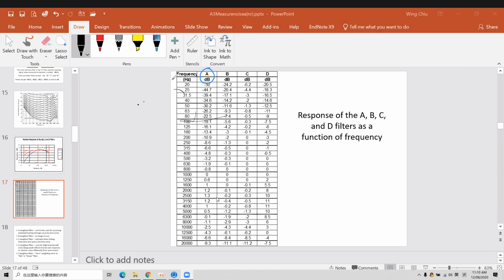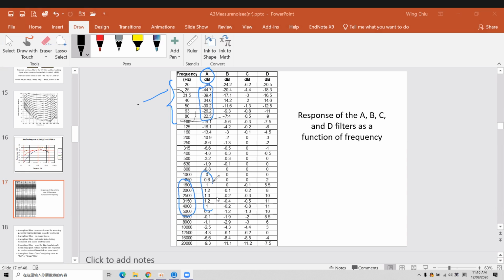You can see that at low frequency there's a negative impact, which means that whatever pressure measurement you have measured, you have to subtract these values in order to mimic what your human ears will hear. Whereas in the audible frequency, at this region, you need to add on.